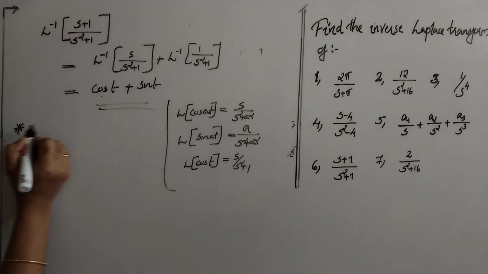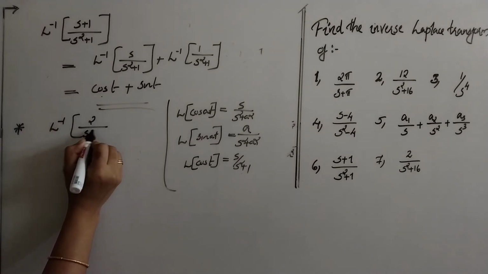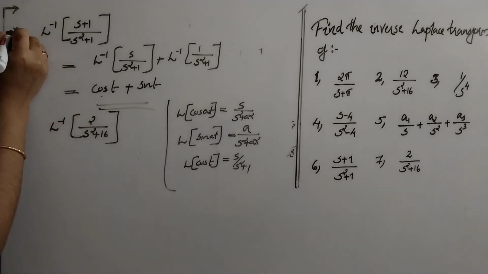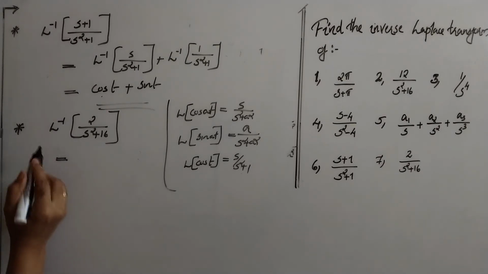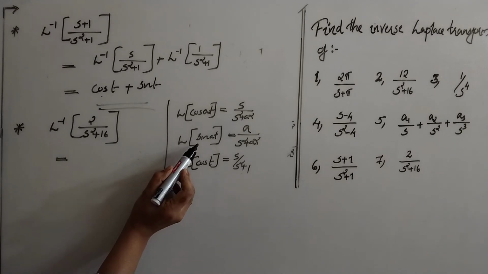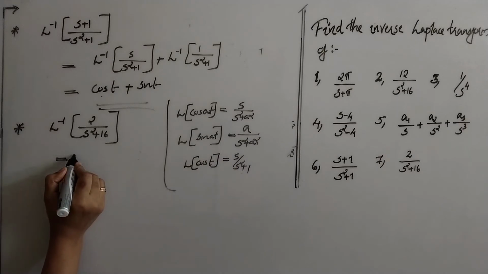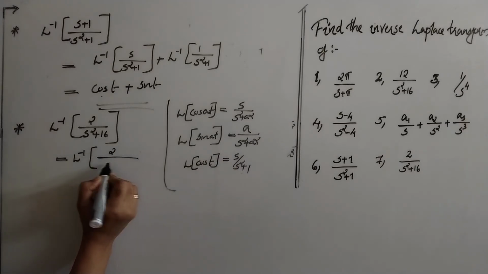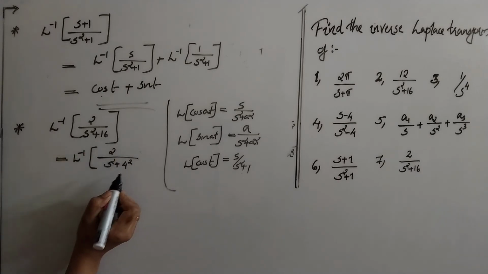Next one is L inverse of 2 divided by s square plus 16. We know that L inverse of sin at is what? a by s square plus a square. So, here we can write it as 2 divided by s square plus 4 square, that is 16.